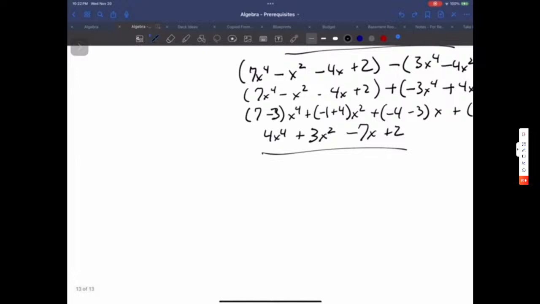To find the product of two polynomials, use the left and right distributive properties. And this is something some of you may be familiar with.